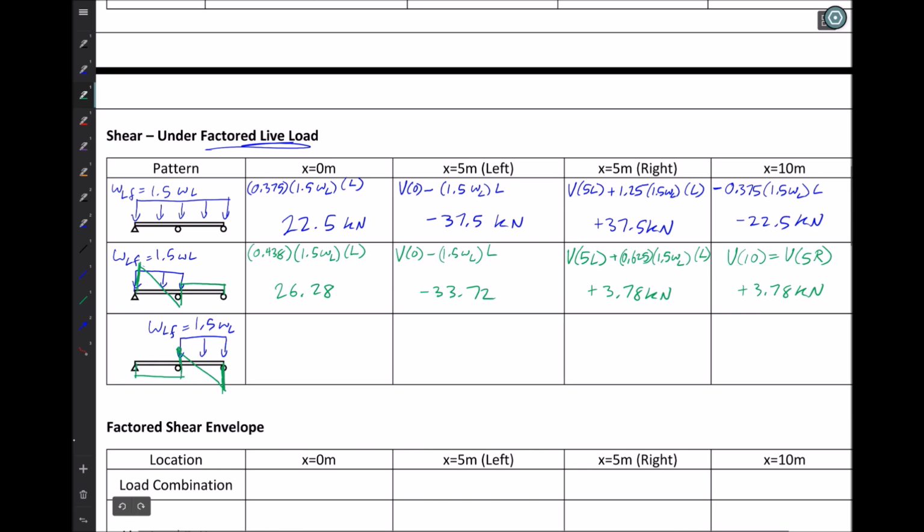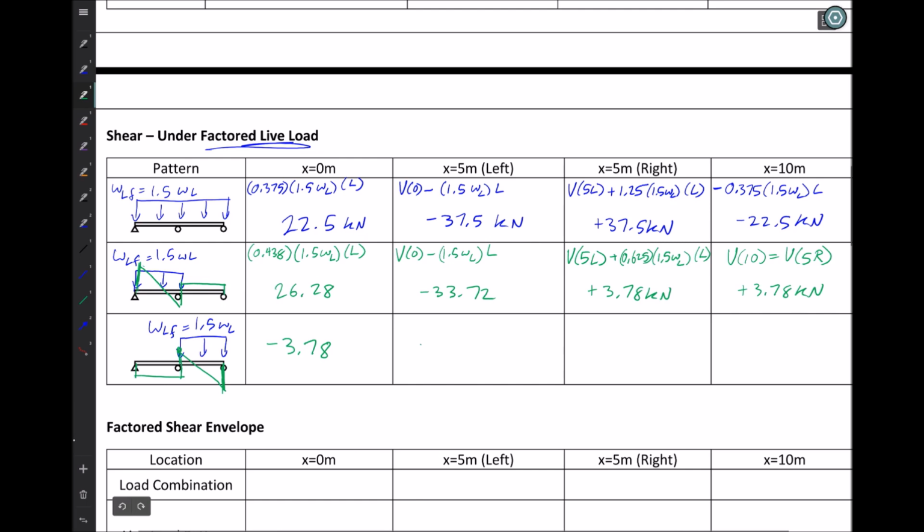But the magnitudes everywhere are going to be the same. The magnitude of shear at this point corresponds to the magnitude of shear here. The magnitude of shear at this point corresponds to this point here. This point corresponds to there, and this point to here, with opposite signs. So knowing that, I can go and write in those values.